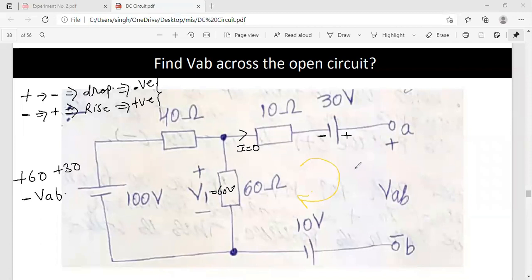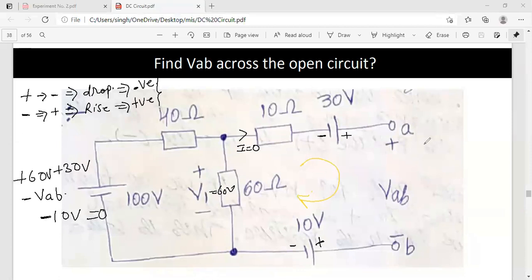Now again at this point I am going from plus to minus, so that is a drop, negative. So minus 10 volt. Now the circuit is again where we started, so the summation of all these is equal to 0.